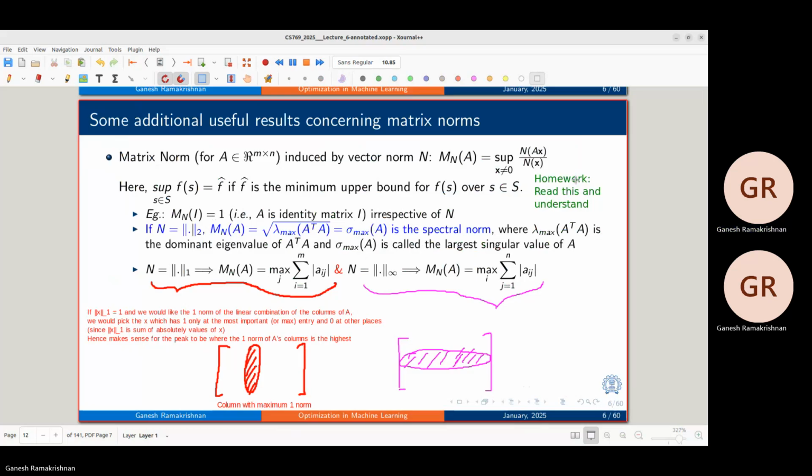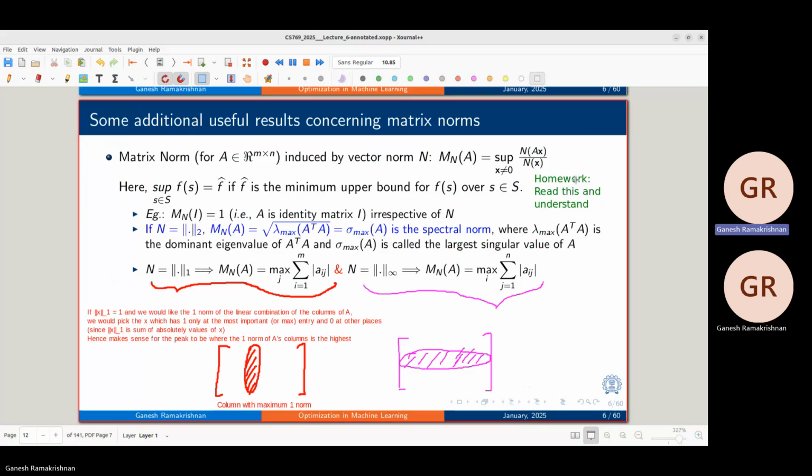So in general this turns out to be sigma max of A, the maximum singular value of A, which is the square root of the eigenvalue of A transpose A.